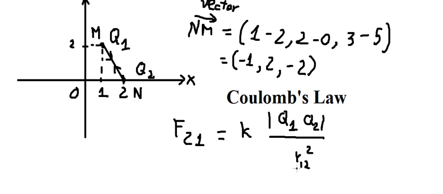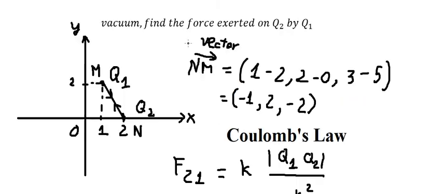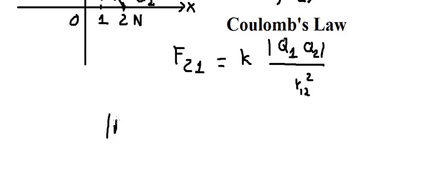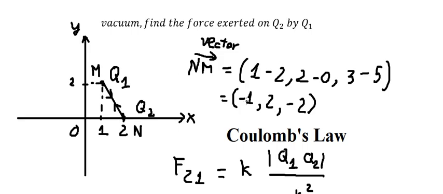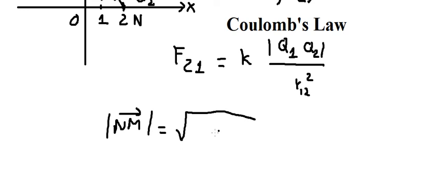To find the distance, we need to find the magnitude of vector NM in here. So we have negative 1, 2 and negative 2. We put the power 2 in here under the square root.